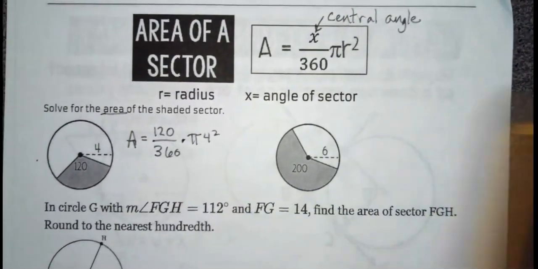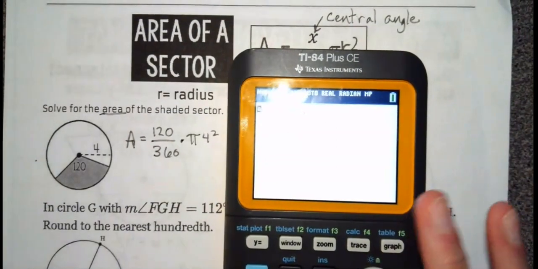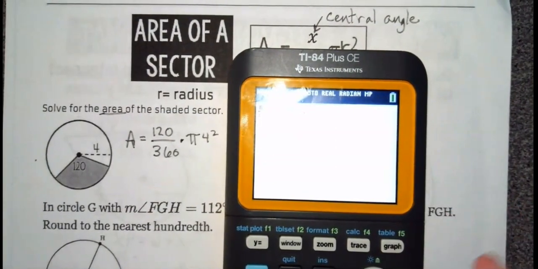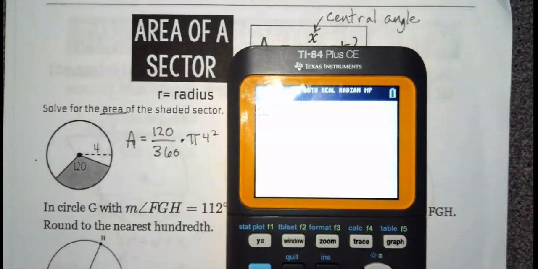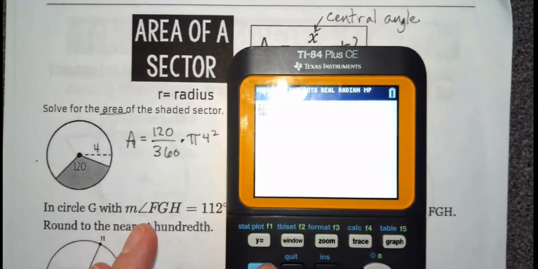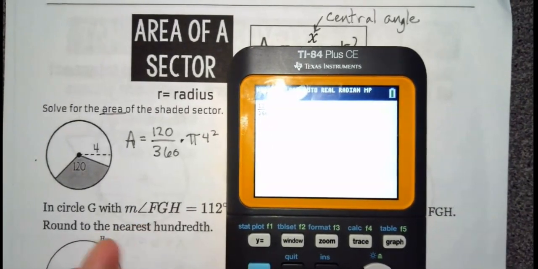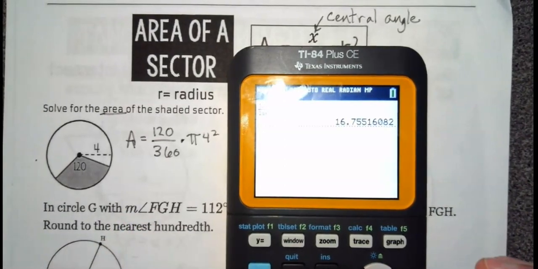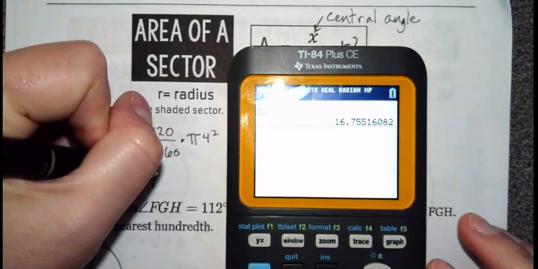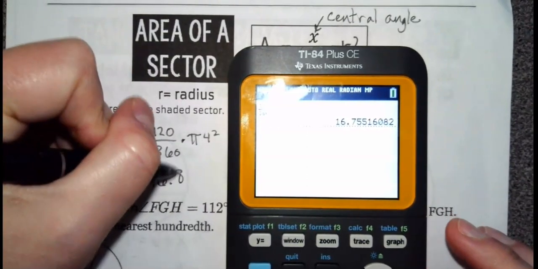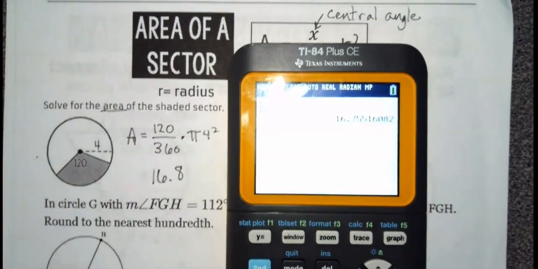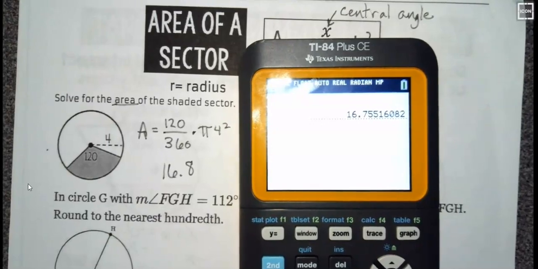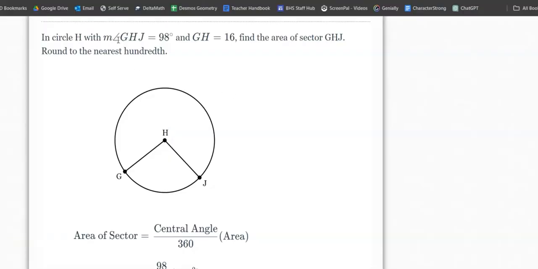All right, so we can just grab your calculator, put your little fraction bar, 120 divided by 360 times pi times 4 squared. Yeah, 16 point, and we're going to call it 16.8 because it's going to round up. So this is a random question from Delta where it gives you the angle, it gives you the radius, find the area.